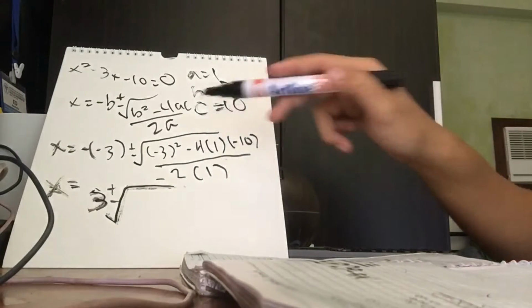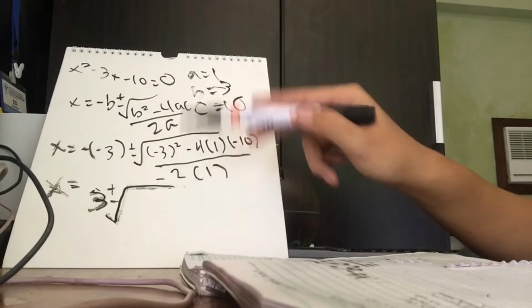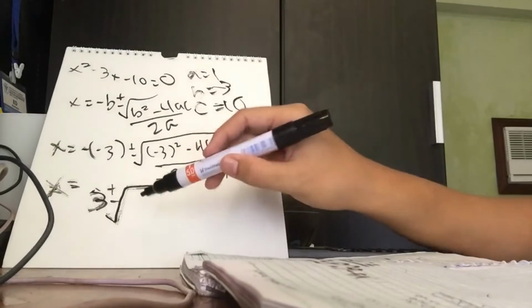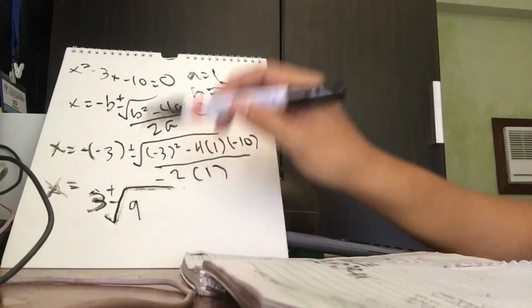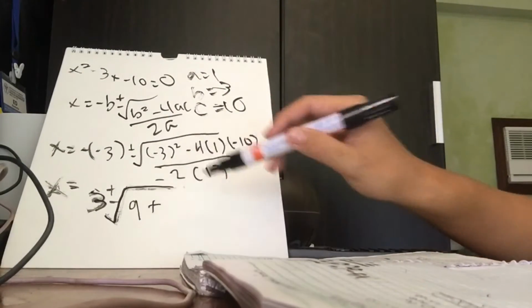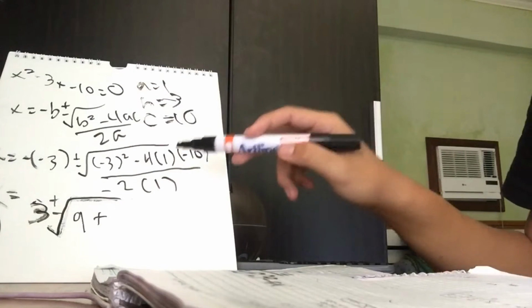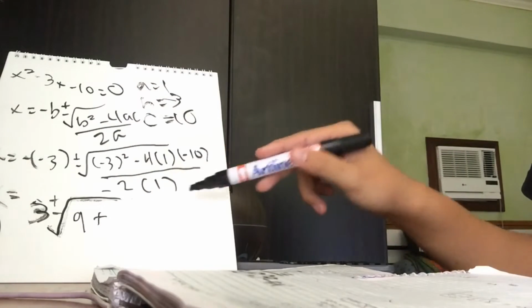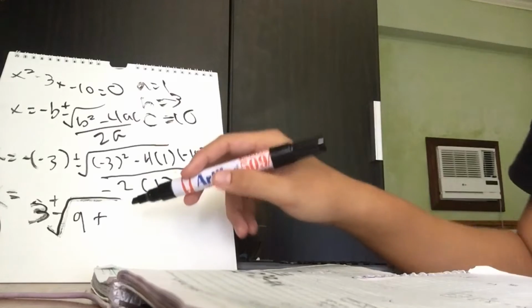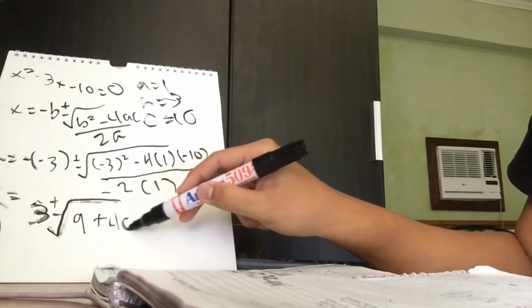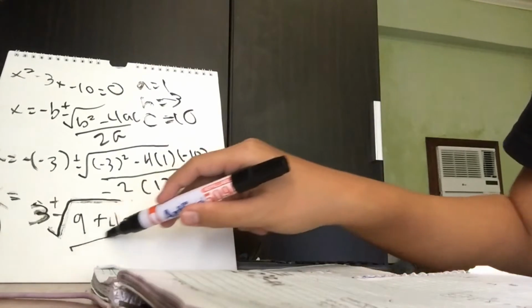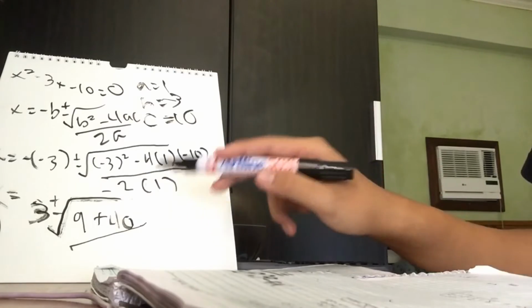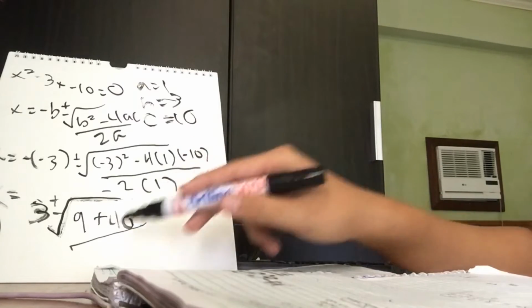Next thing we need to do is solve this. So basically it's just the square of 3, which is 9, plus next is this one, 4 times 1 and 10, which is 40. Next is this, the 2 times 1, which is 2.